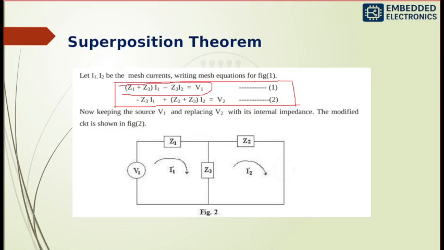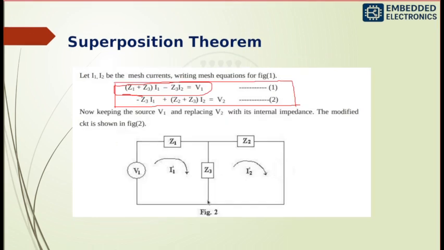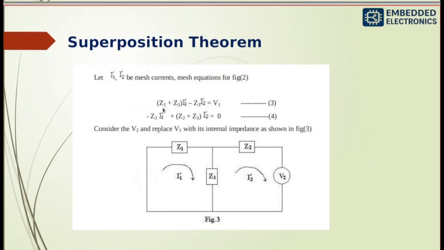But the second equation will change. How? When we apply KVL for the second loop, I2 dash minus I1 dash into Z3 minus I2 dash Z2 equals 0.